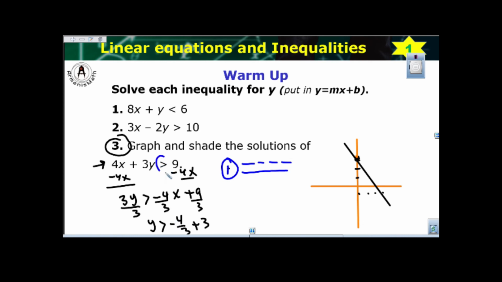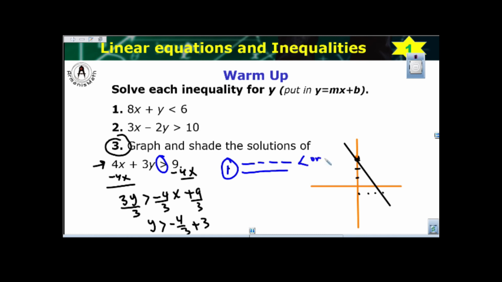It's greater than. If you have greater than or less than, that means you are not including the line as part of your solution. So you use a dotted line for less than or for greater than. Write this down, please.